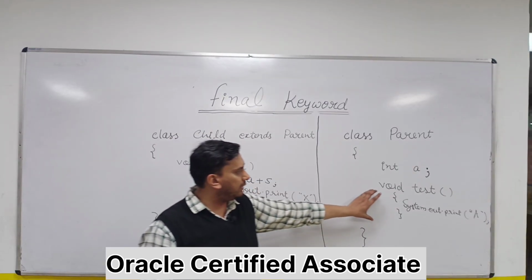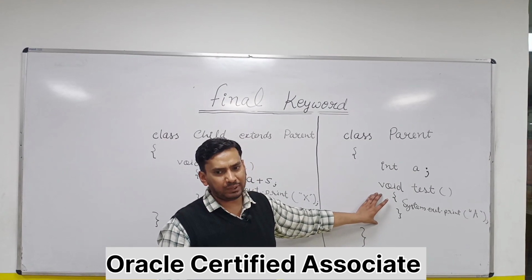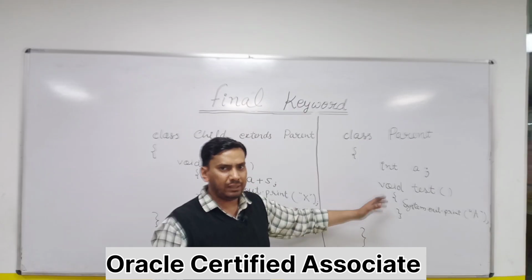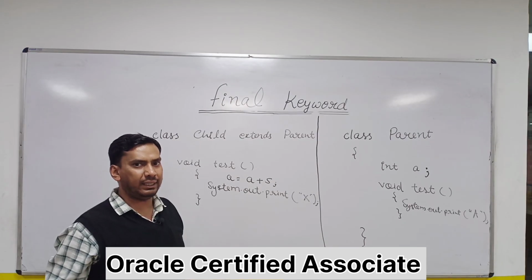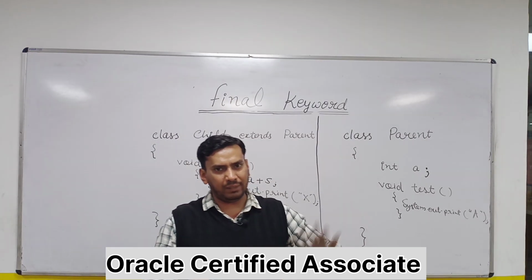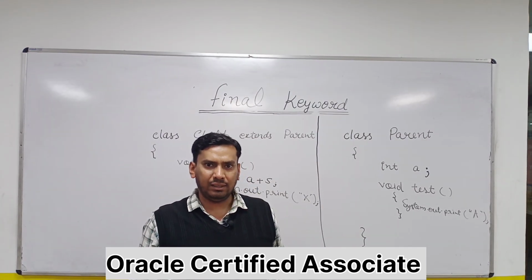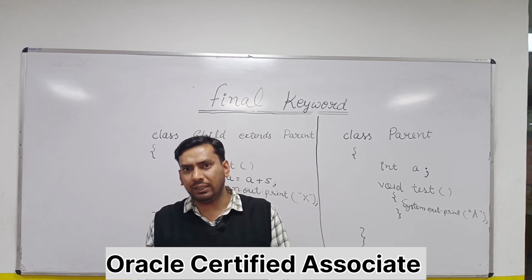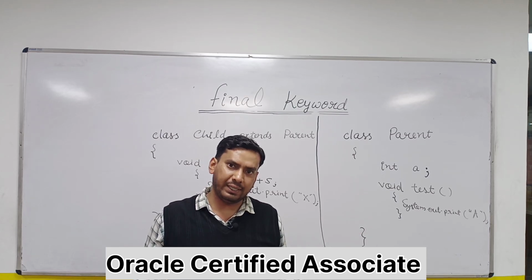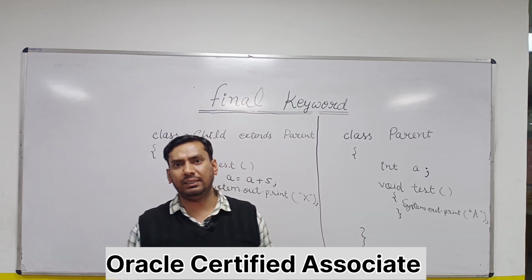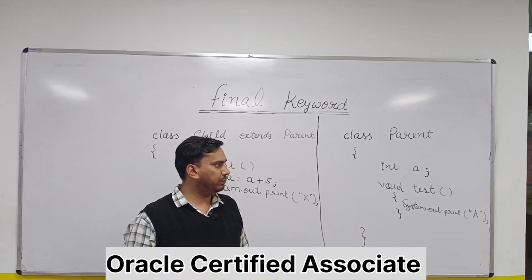Second thing, anybody can override your method. I have written some method, and the inherited class is now overriding that method. So whenever you create any class, the inherited class has all the rights to change your variable's value and to override your method. These are certain things that the child class can do.